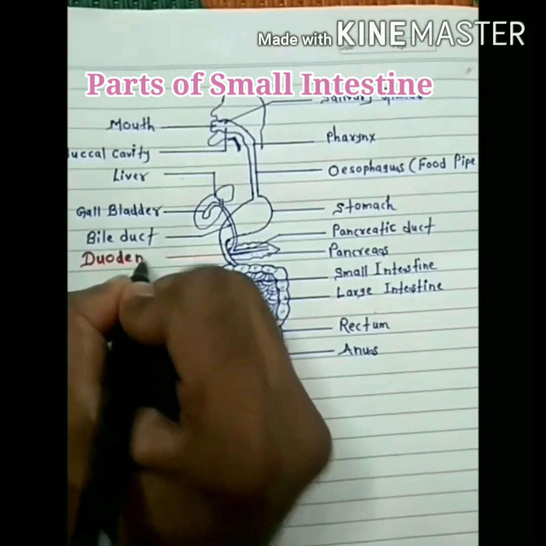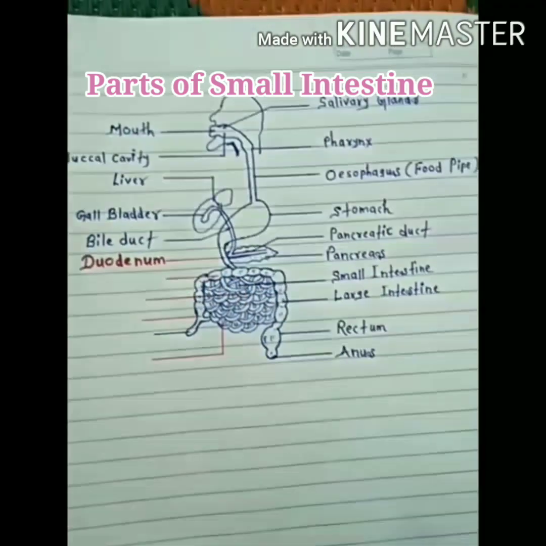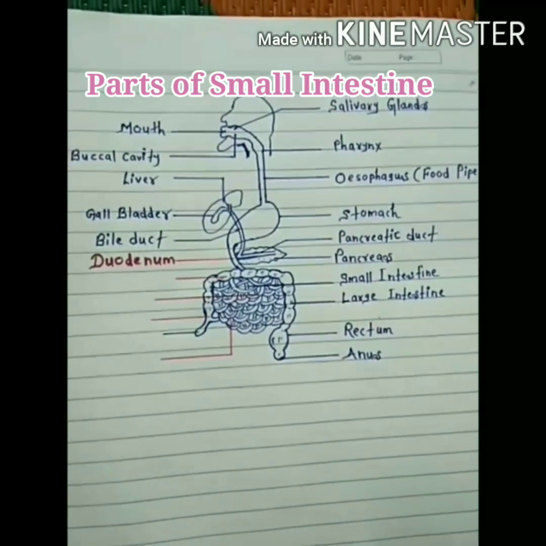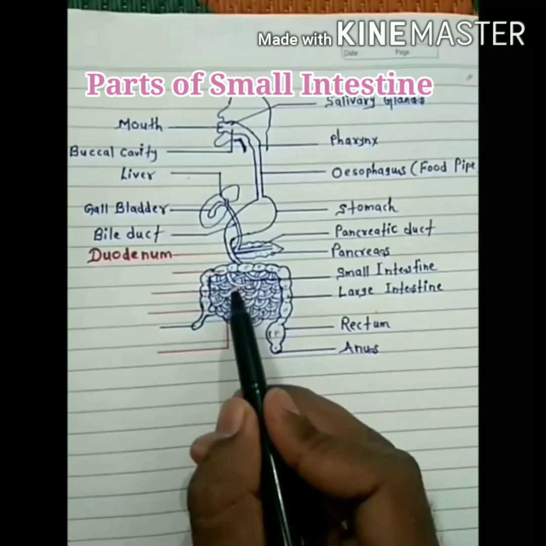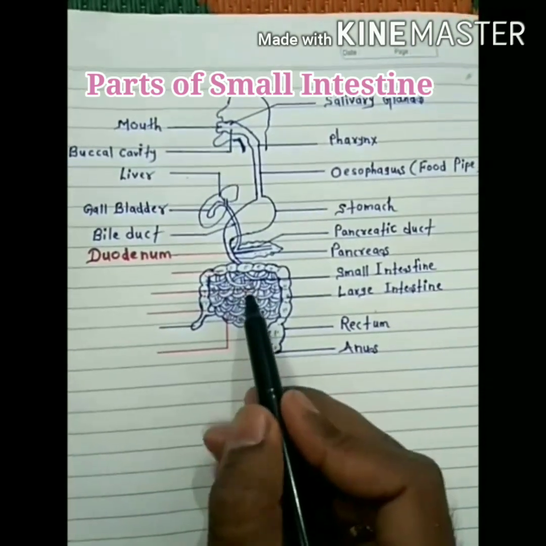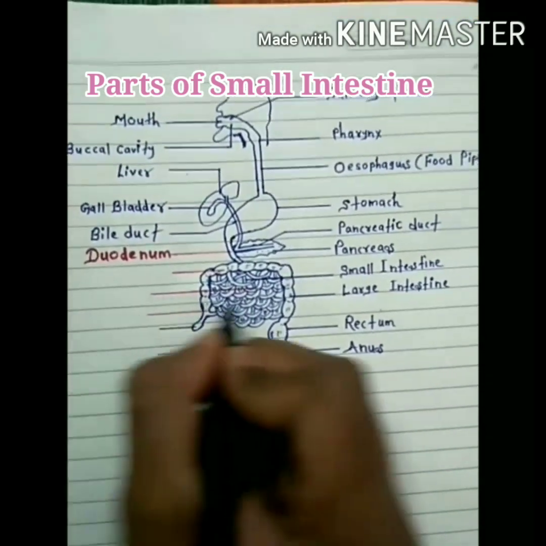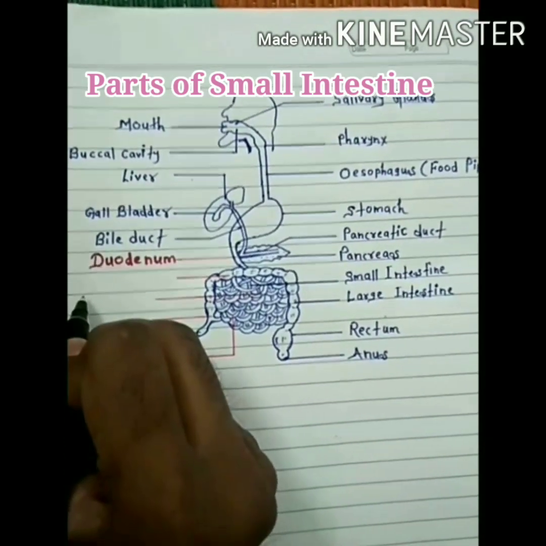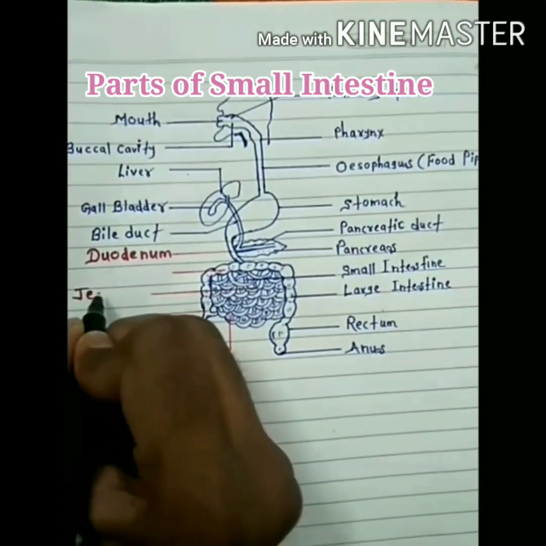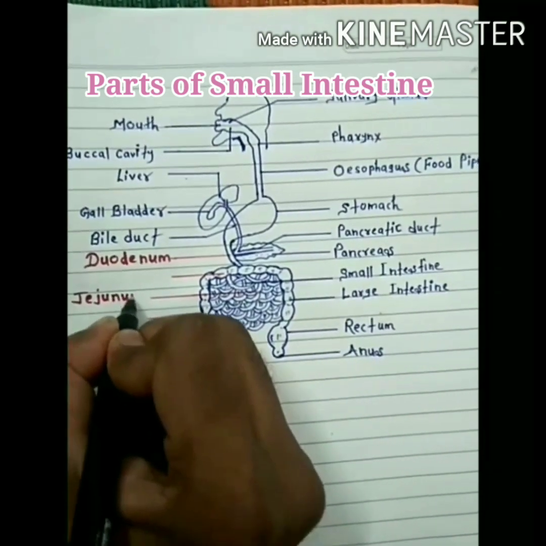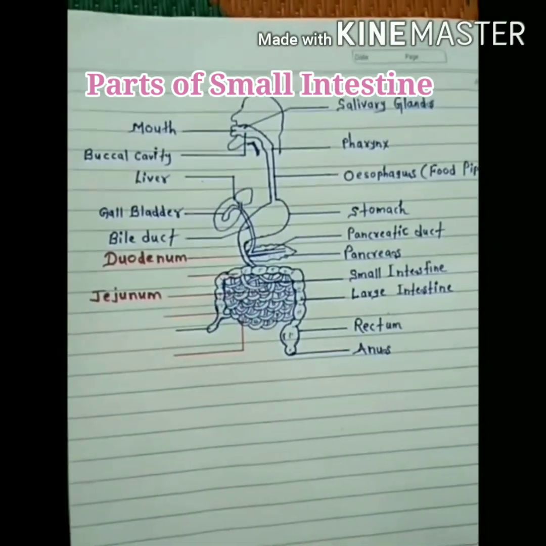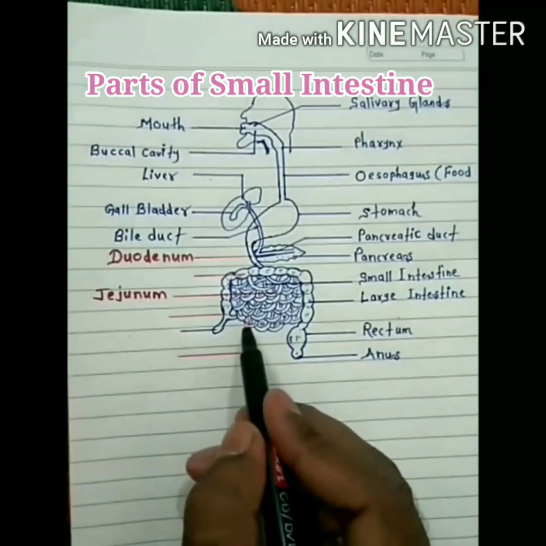And this is the part which receives the bile juice and pancreatic juice from gallbladder and pancreas. Then you can see the middle part of the small intestine. It is called jejunum. And this is the part of the small intestine where final digestion takes place. That means digestion gets completed in jejunum.